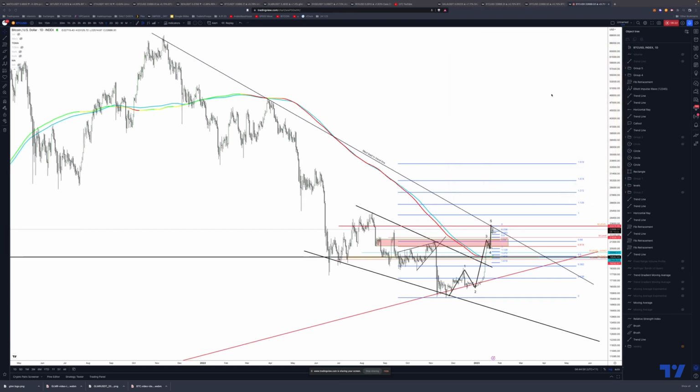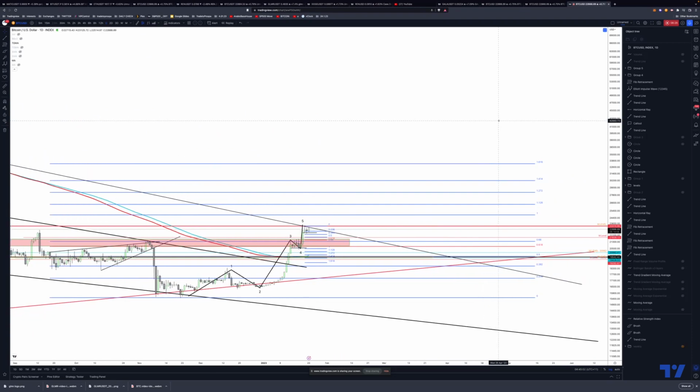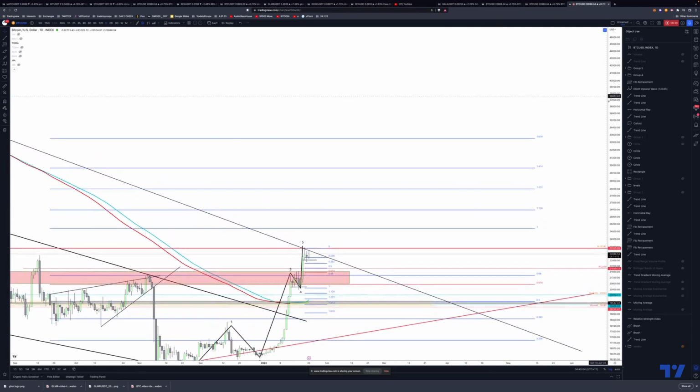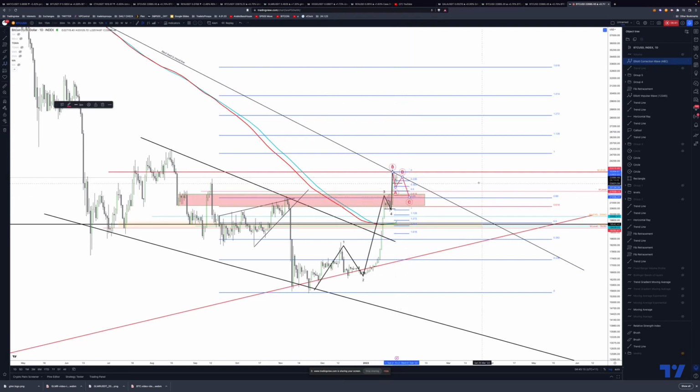So moving on to this, I believe that in a small time frame, we will get a rejection, and the rejection will be based on this being a wave 5, and then we get an A, B, and probably a C down to that level there. That meets a criteria.